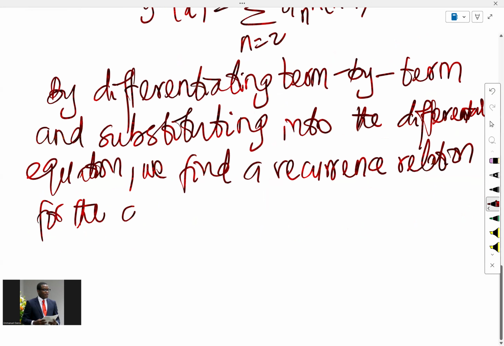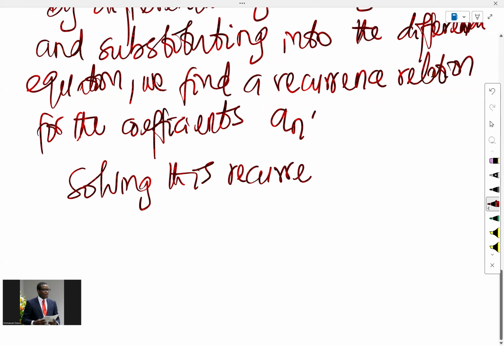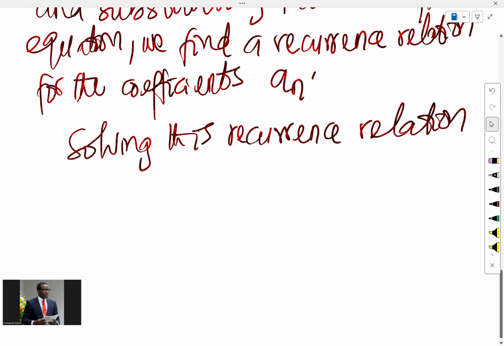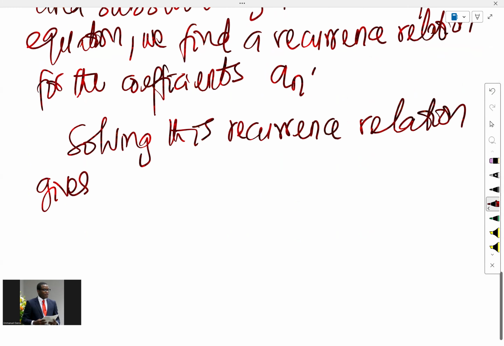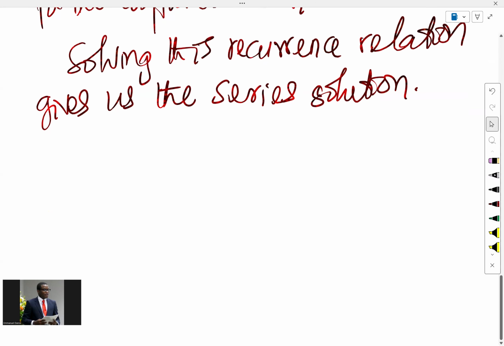We're basically looking for the coefficients a_n. Solving this recurrence relation gives us the series solution. Okay, so that's one application. You can solve differential equations using power series.